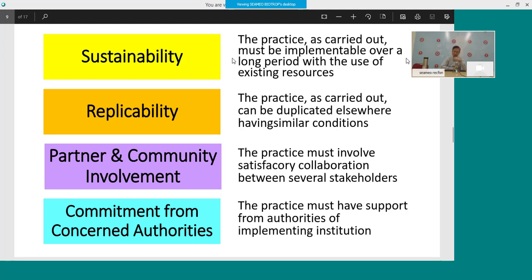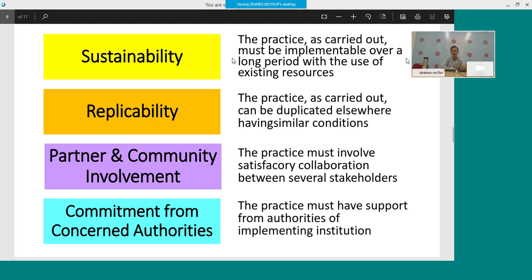So if you establish collaboration with other stakeholders and you can sustain that, wow, this is a best practice because you are involving as many people as possible and you can benefit as many people as possible. Okay?